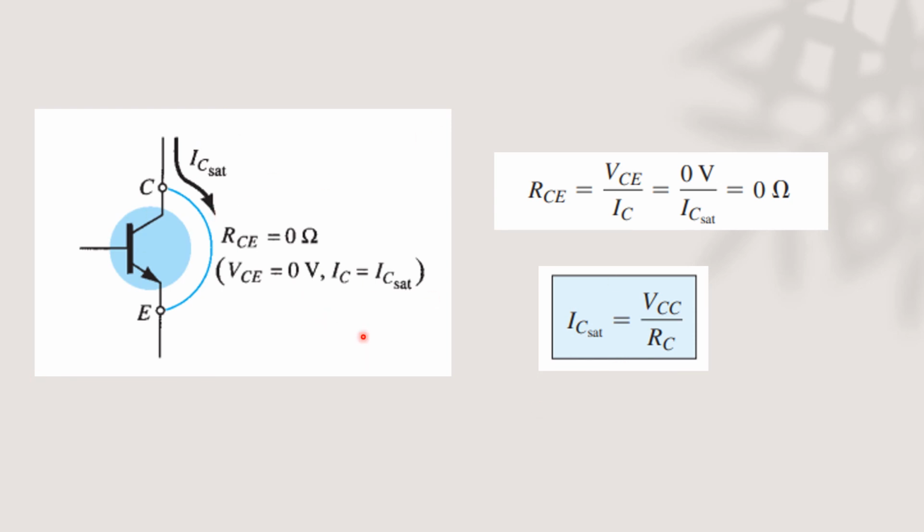IC is equal to IC sat. Now, our IC sat is equal to VCC over RC. So remember that formula: IC sat is equal to VCC over RC.